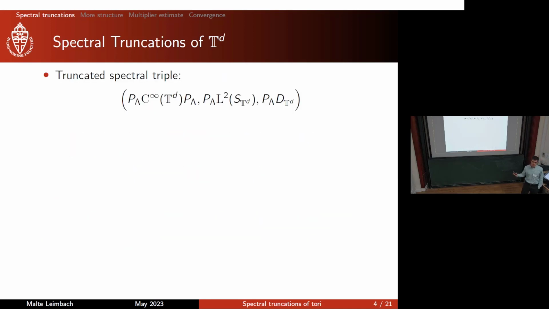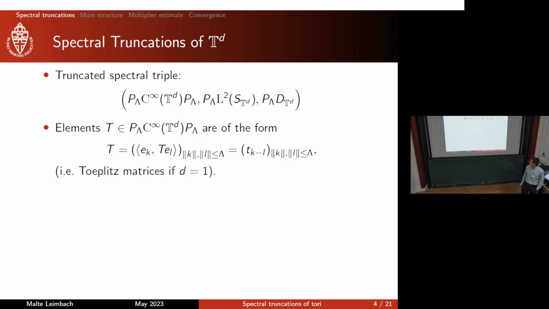And with that, we form this truncated spectral triple that we saw this morning. So now we have an operator system which acts on this finite dimensional subspace, and we have a compressed Dirac operator. And the way you can think of elements of this operator system is this.